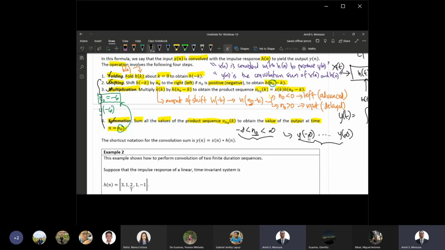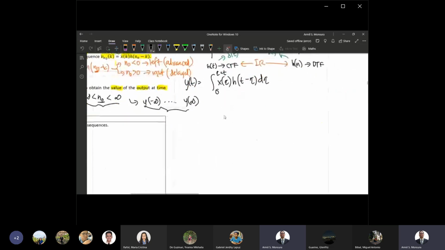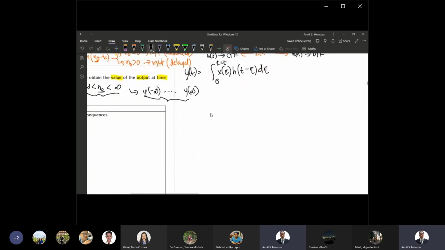But what we will do in this lesson is to implement the convolution sum on two finite duration sequences.